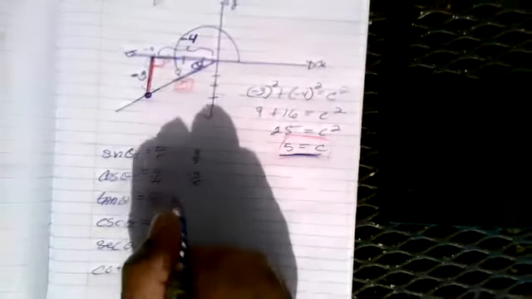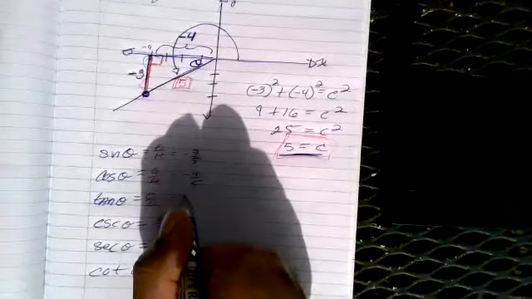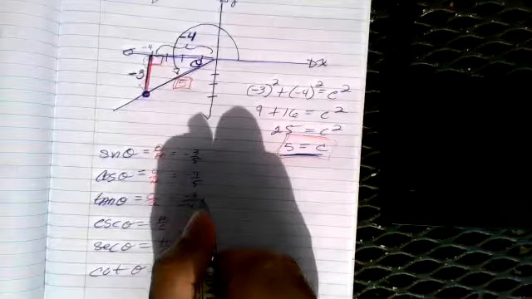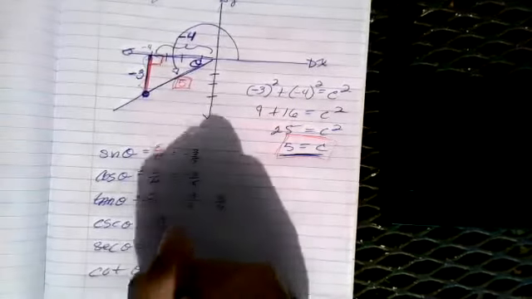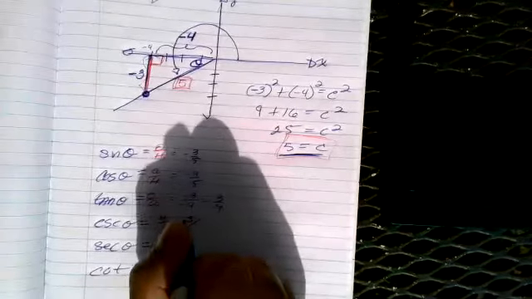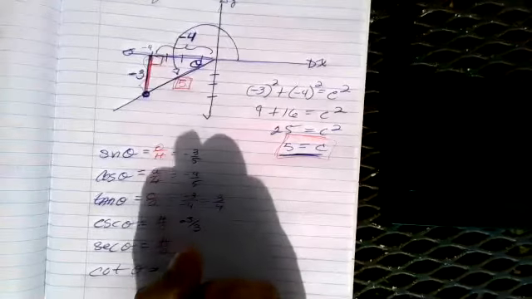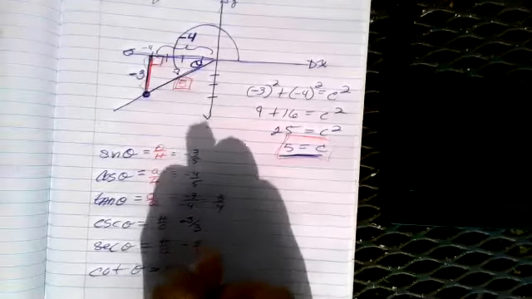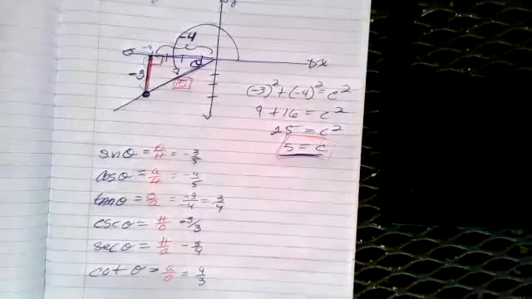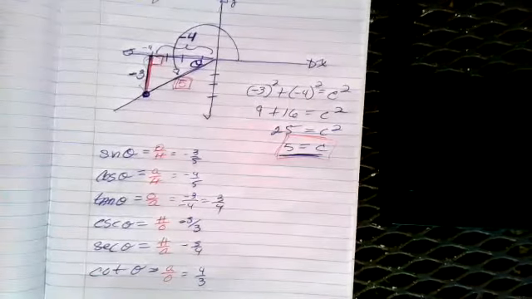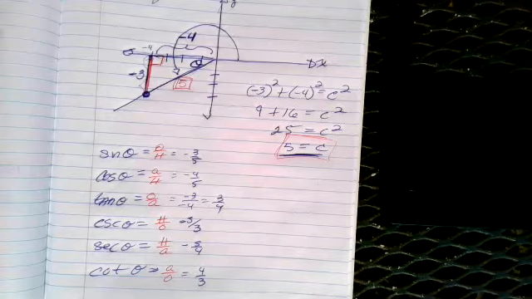My opposite over my adjacent is negative 3 over negative 4, which is 3/4. And then we have all the reciprocals: negative 5/3, negative 5/4, and positive 4/3. So that's all they're looking for. They're looking for the 6 trigonometric function values.